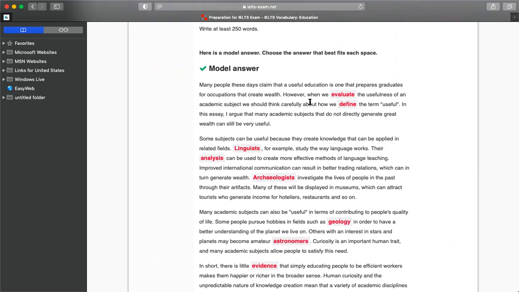For example, you say, when we evaluate the usefulness of an academic subject, instead of saying when we assess, you say evaluate.